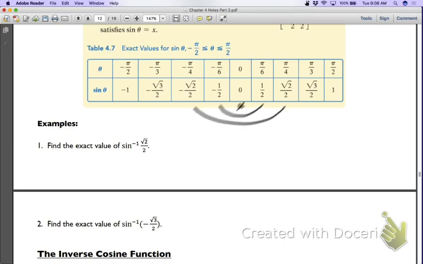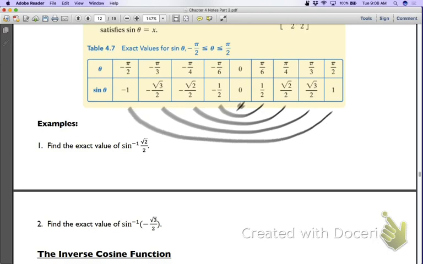If I'm dealing with sine of theta and trying to find my angle, what do you notice about the numbers on the right as opposed to the numbers on the left, if 0 is right in the middle? Yeah, they're opposites. Everything on the right side's positive. Everything on the left side's negative. The numbers are the exact same. It's just one's positive, one's negative.